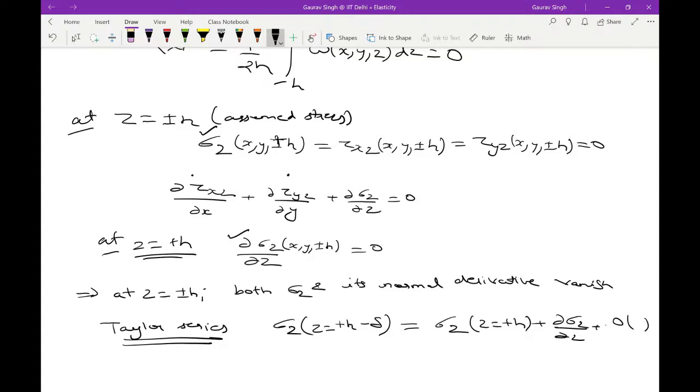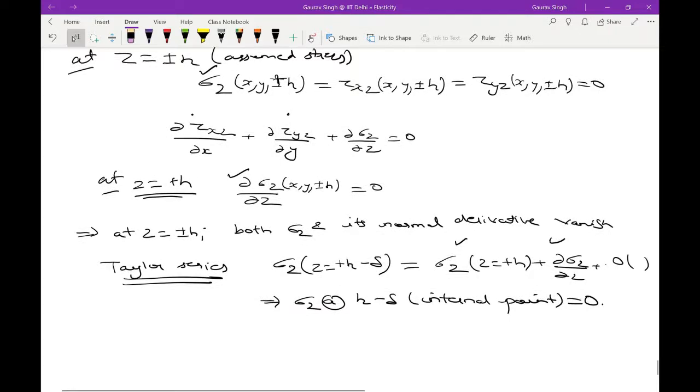Since this term and this term would be 0, that means that sigma z at h minus delta, which is an internal point, not the boundary, is also equal to 0. So the first two terms in this Taylor series expansion will be 0.